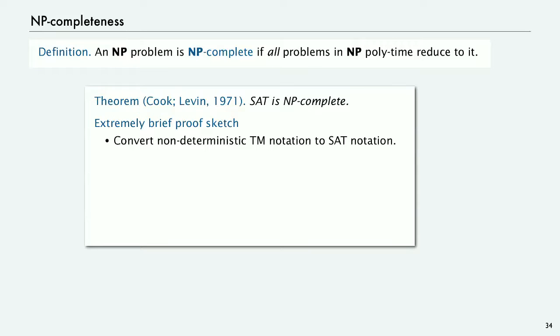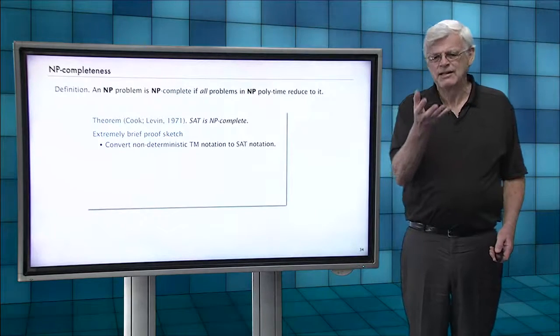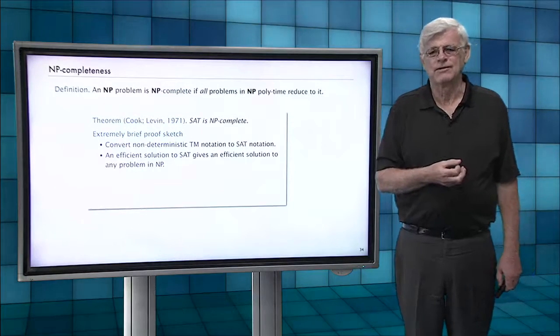And what the proof does is take that notation, which is a particular notation. You could think of it as a mathematical notation or states and arrows the way we do it with labeled transitions, and just convert that notation into SAT notation. They're both kind of discrete formalisms, not really that long or difficult.